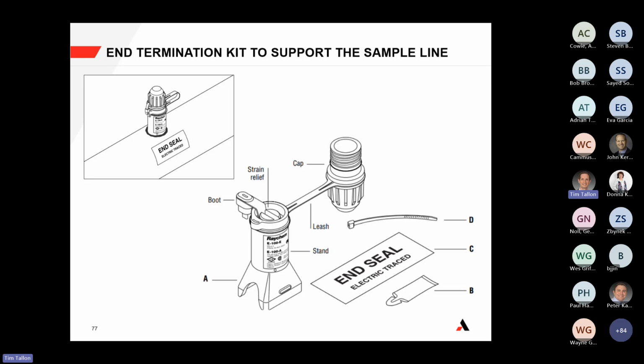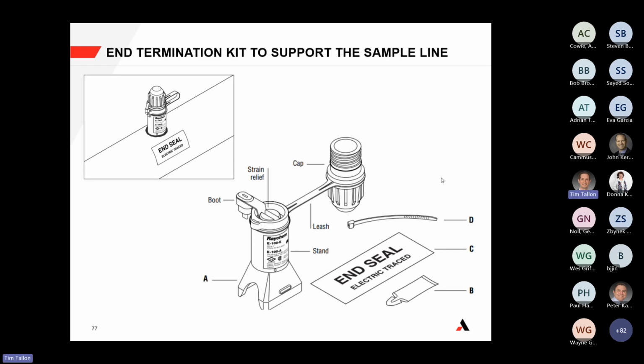Anything else that you wanted to comment on about the end termination kit, Joe? No, there's not too much to this. There's a lot of detail in the actual power and end termination kits. There's extra information about those if we use this kind that we can provide.